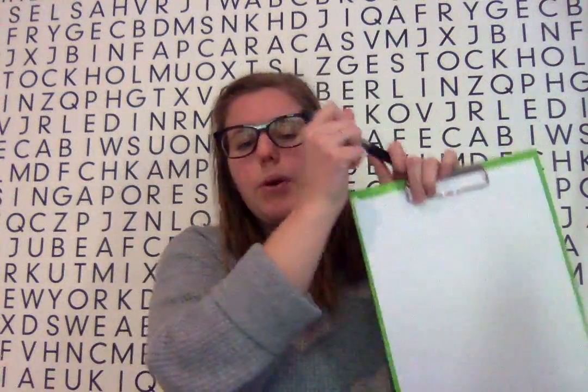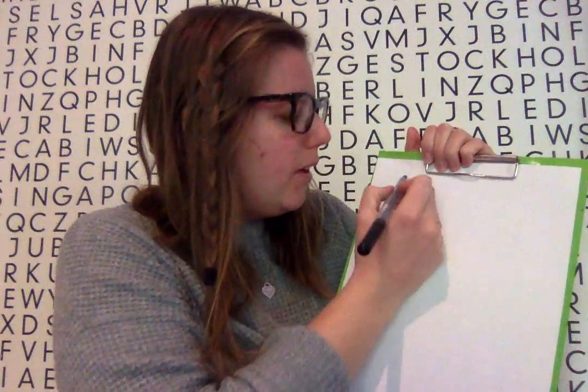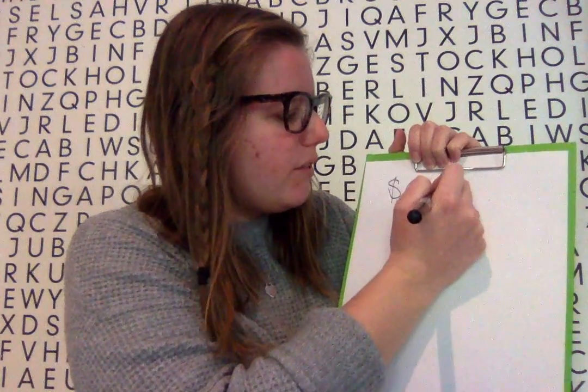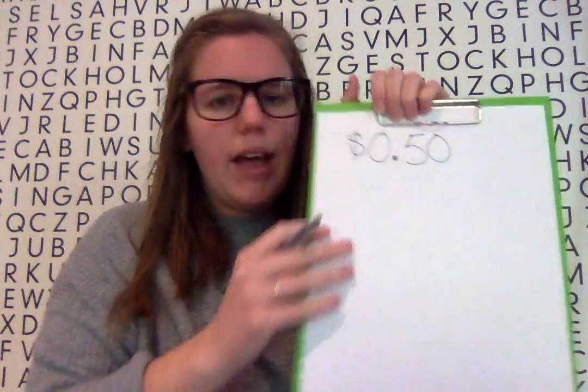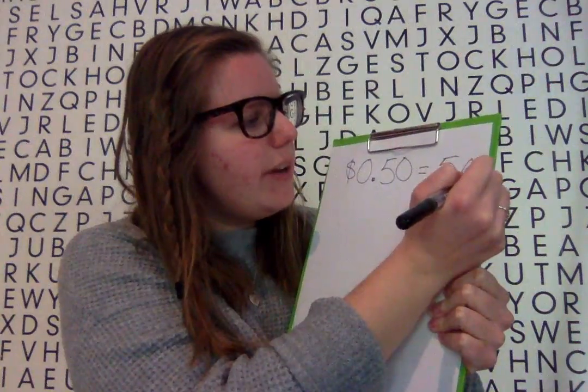When we looked at how we write money, we're going to write it today in dollar form. So if I write something like 0.50, how much money would that be? If you said 50 cents, you're absolutely right. It could also look like 2 quarters, so it's not yet a whole dollar.